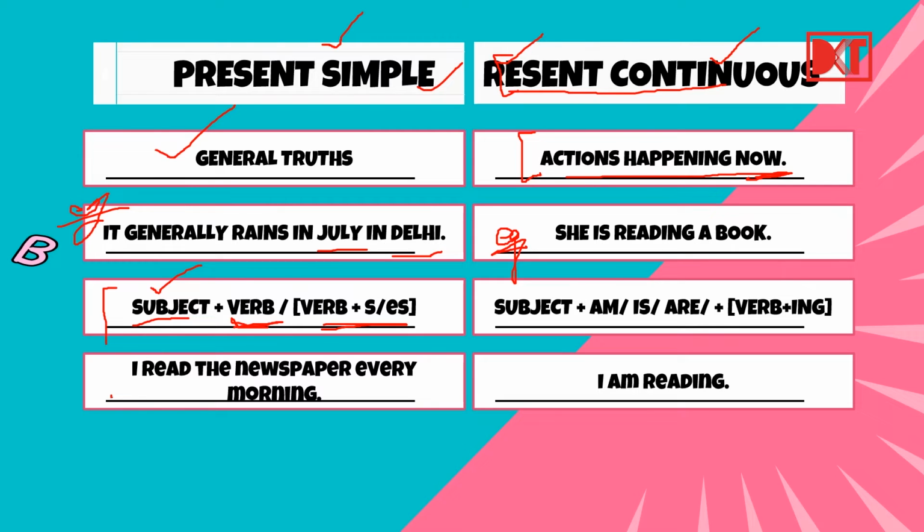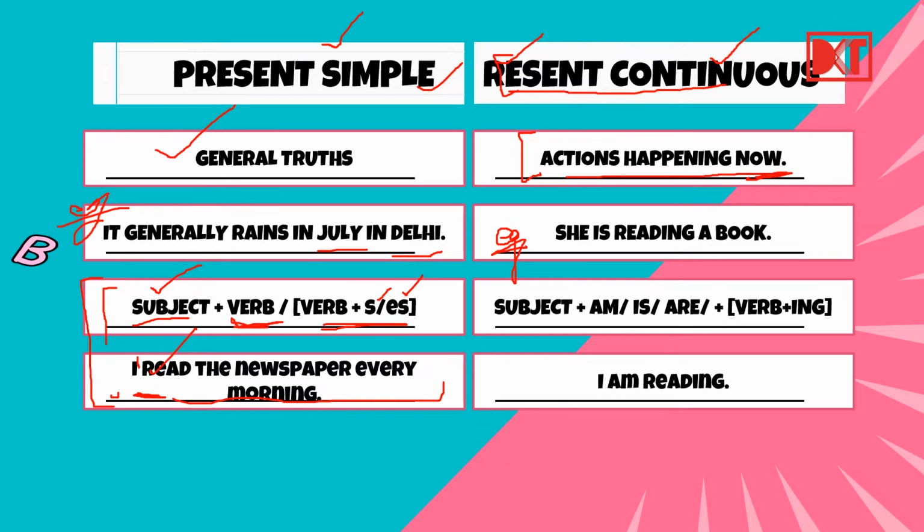Now I is the subject, then read is the verb. So the first form of the verb is used, or when S or ES is added, we will see in the next slides. The complete formation of present simple. For now, you just have to see that it is subject plus verb, or verb with S or ES, and the object, which is the newspaper every morning. Alright.